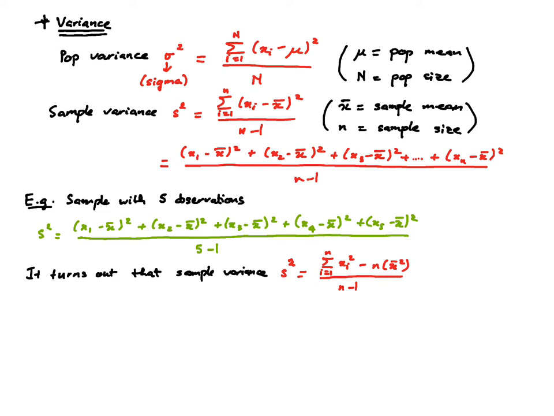So if you look at this example again, suppose we have a sample with 5 observations.